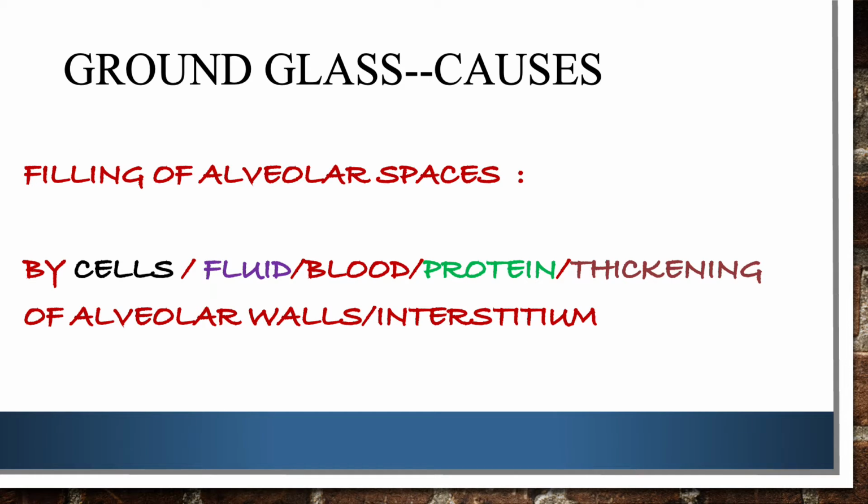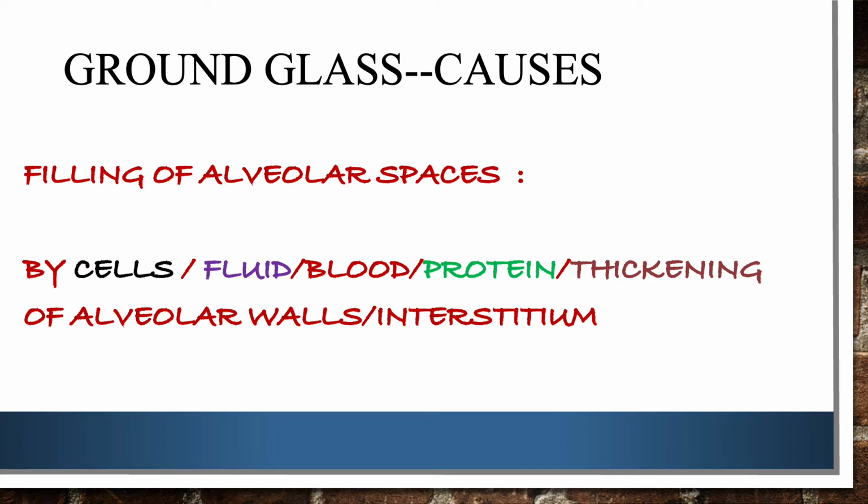The causes of ground glass pattern depend on the etiology. Ground glass happens whenever the alveolar spaces get filled. So we need to understand if the alveolar spaces are filled by excessive cells, fluid as in edema or congestion, blood as in a hemorrhage, protein as in pulmonary alveolar proteinosis, or because of thickening of the alveolar walls or interstitium because of certain ILDs.